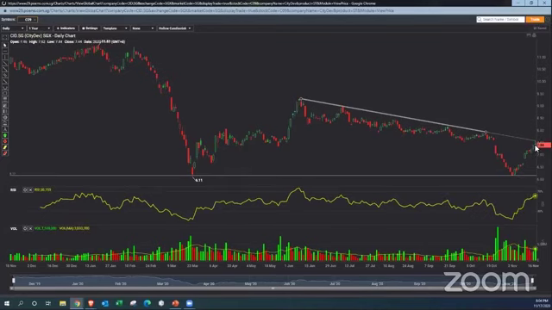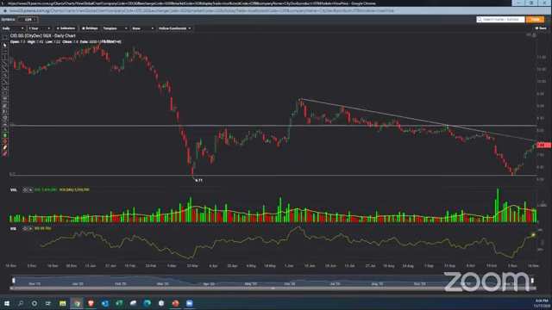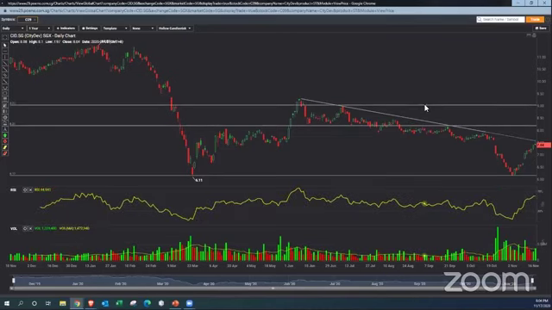So I will keep a lookout whether it breaks out with increasing volume. If it does a breakout, the next few potential support and resistance levels you can see over here, and it can potentially go to all these previous support and resistance levels. However, keep a lookout, in case it fails to break out, we may go into a correction.